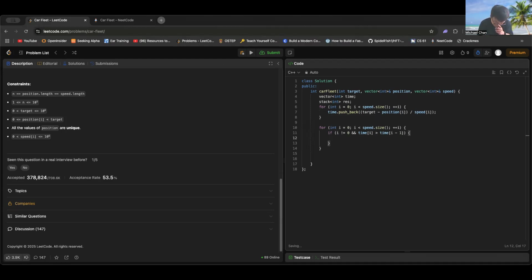That means if the time i is bigger than the top of the stack, I'll pop the top of the stack and I will push time i in there.